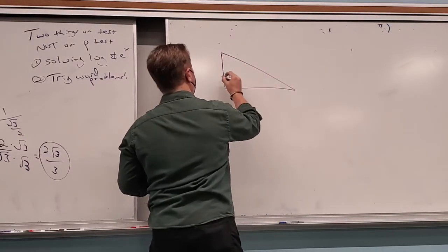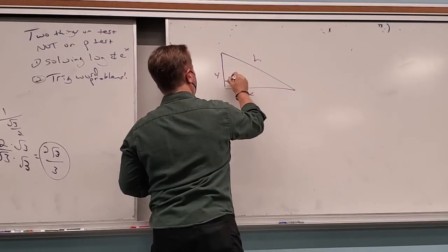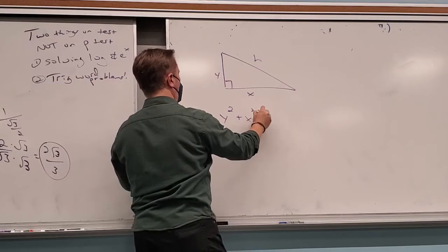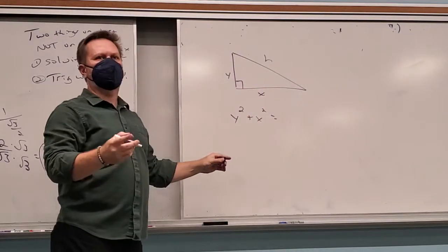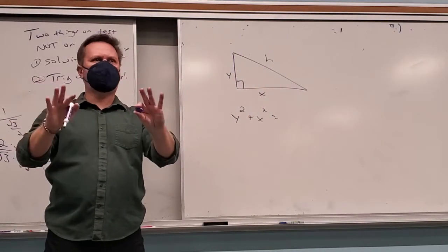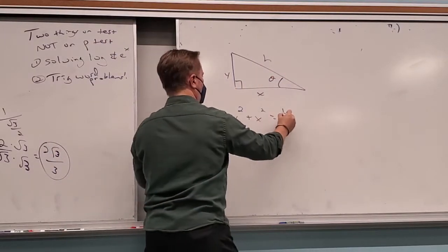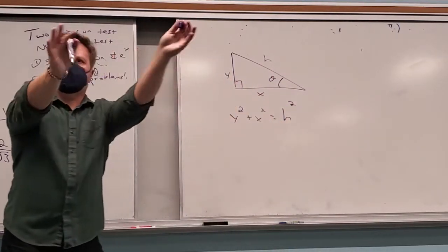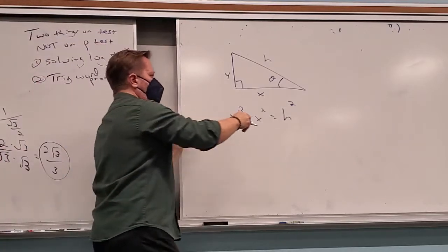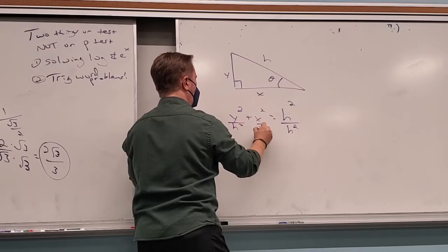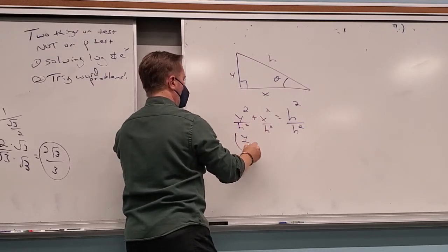What is y squared plus x squared? H squared. Right? Let me put a little angle here just because. Stay with me real quick. If I divide by h squared, why would I do that? I don't know, I'm just playing around. Don't I get this?